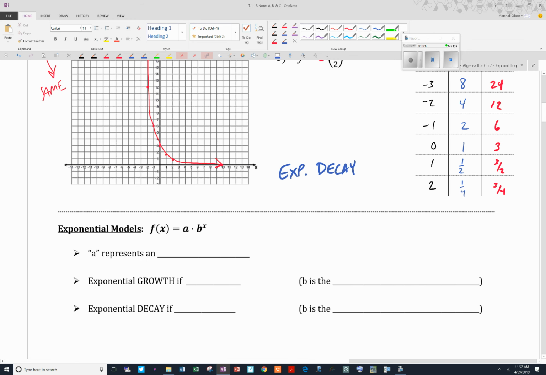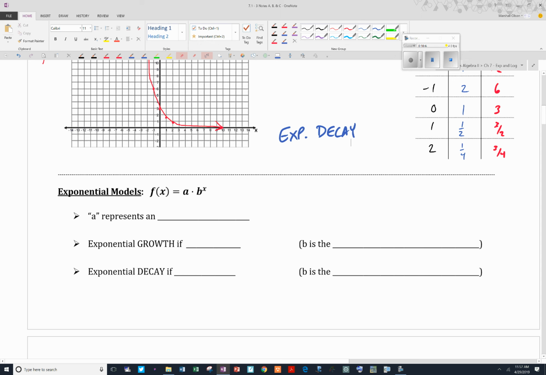All right. So when you have an exponential model, y equals a times b to the x, I'm just going to put a couple of definitions here. This is our base, and that's our exponent, obviously. But the exponent is the independent variable here.